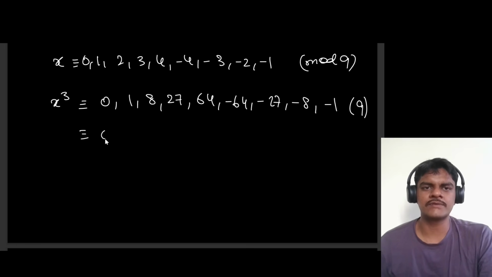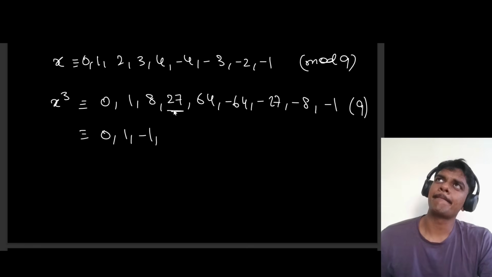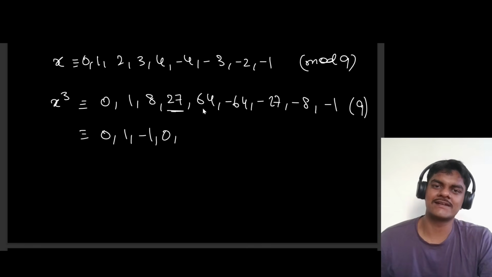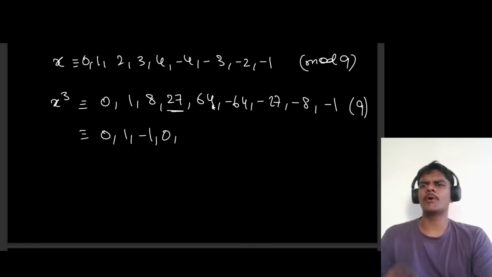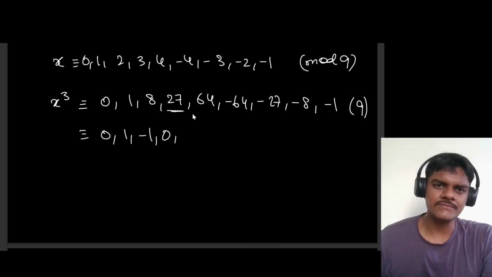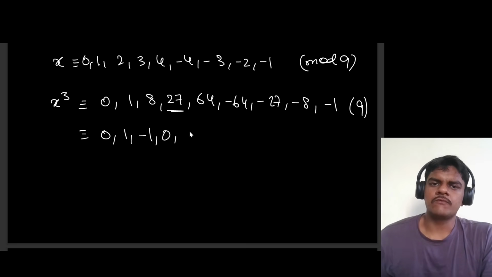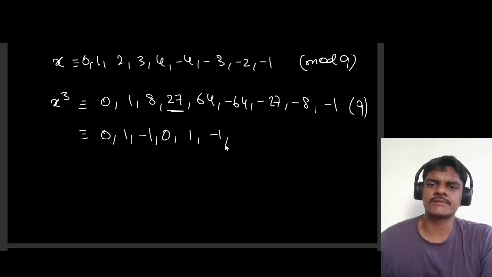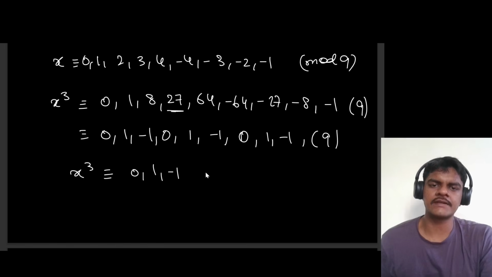Now these are congruent to 0, 1, minus 1. 27 will be 0, obviously. 64 would be 1 mod 9, and this would be minus 1. This would be 0, this would be 1, this would be minus 1. So overall, mod 9, any cube would be 0, 1, or minus 1.